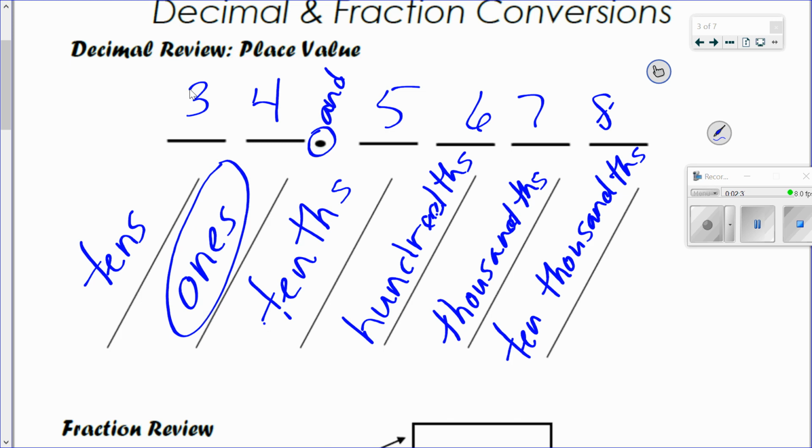So this number here would be said as 34 and 5,678 ten-thousandths. Get away from the point, because if you understand the place value, this is going to make what we're about to teach you on changing decimals to fractions extremely easy.